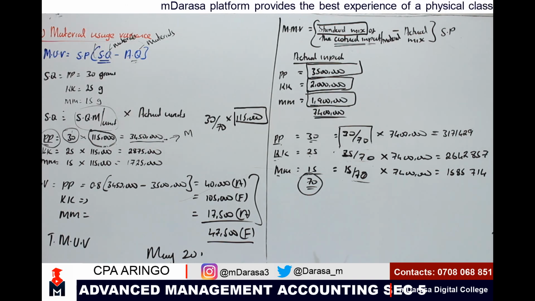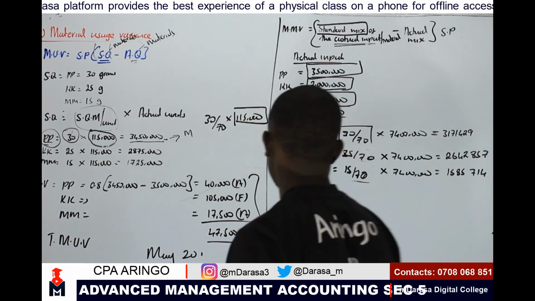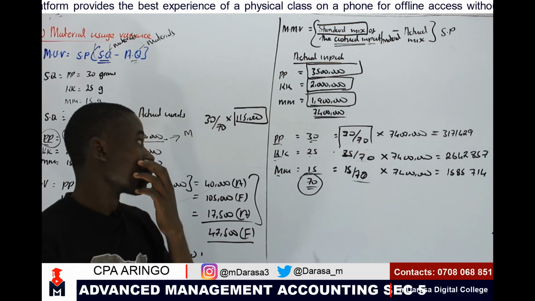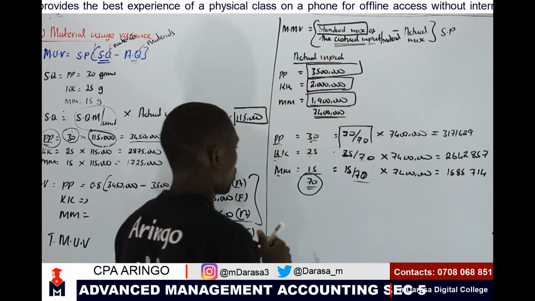Okay, so give me our mix variance. So in this case, I will work out for PP.